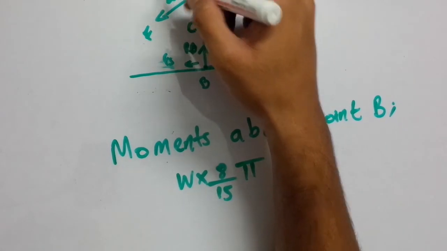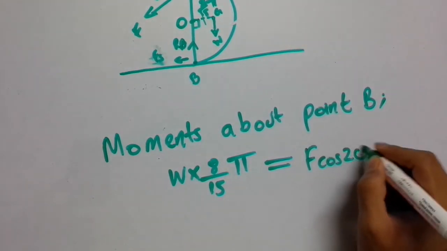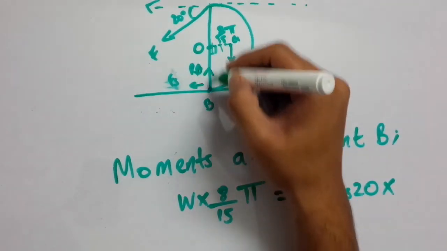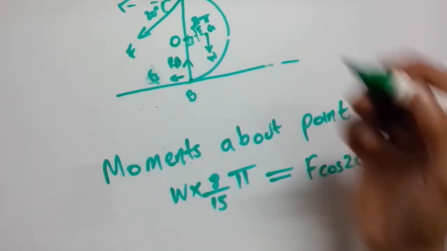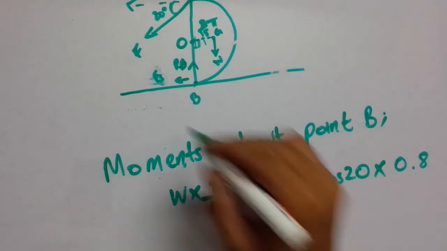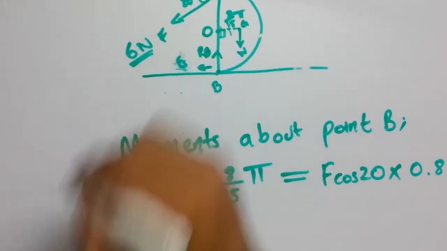So let's consider this force acting in the horizontal. F cos 20 into this perpendicular distance, that is a diameter, that is 0.8. F is 6 newtons. It's given in the question.